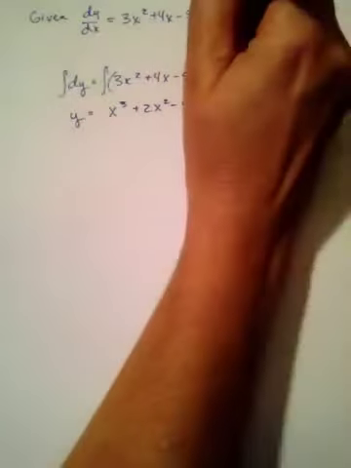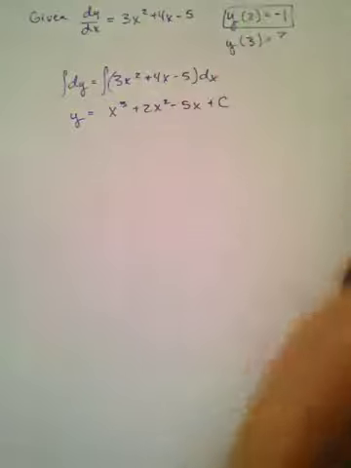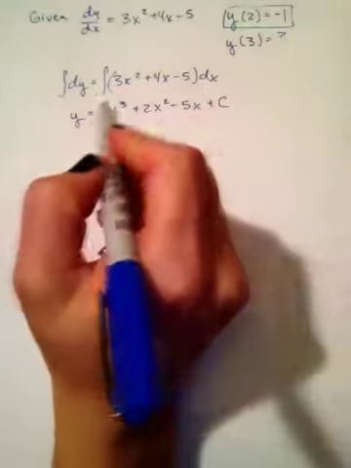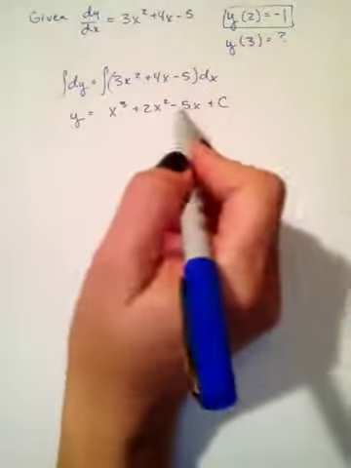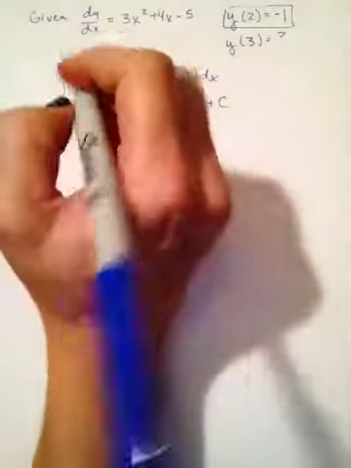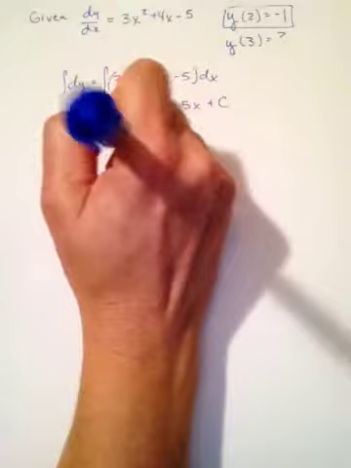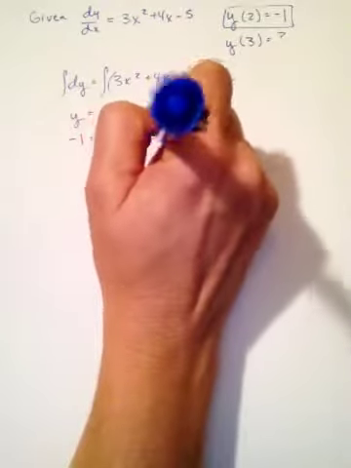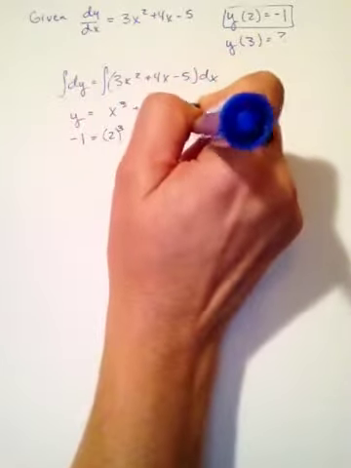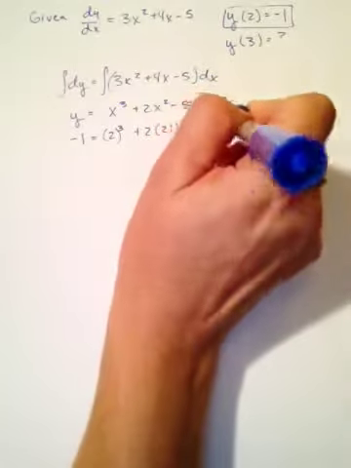So what I'm going to do now is actually take my initial condition and evaluate this to solve for my c. So y is negative 1 when x is 2. So that's 2 cubed plus 2 times 2 squared minus 5 times 2 plus c.